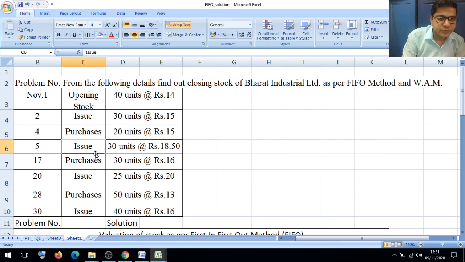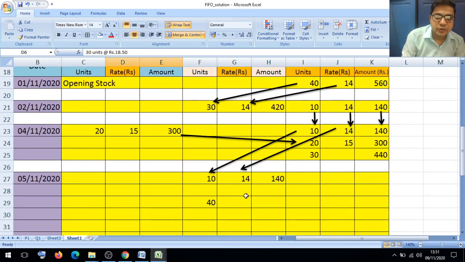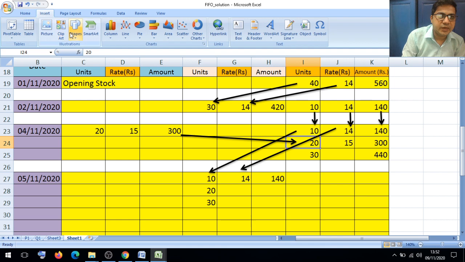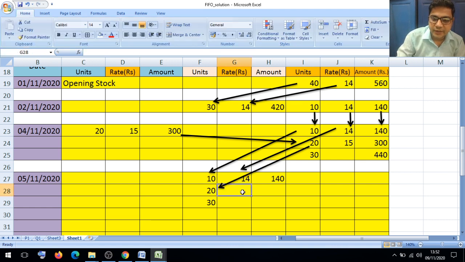Now how many units do we want to sell? Issue 30 units. 10 units we have used from the first. Now the rest of the 20 units we have to take from these 20 units, so we will write here the rest of the 20 units, and their rate is 15.